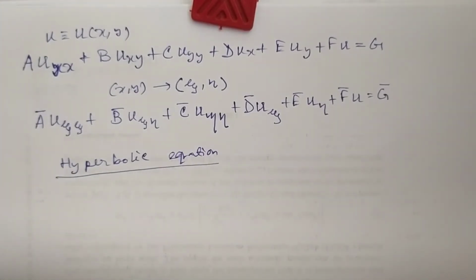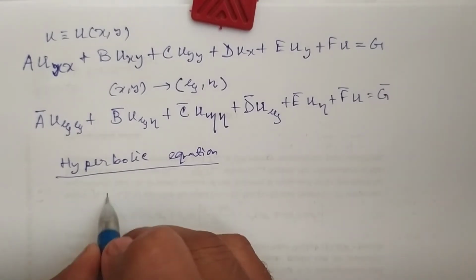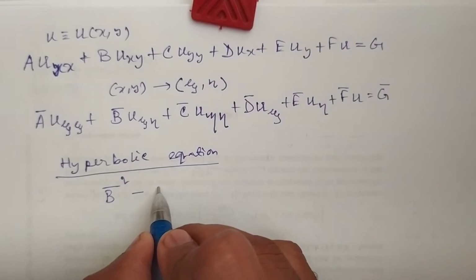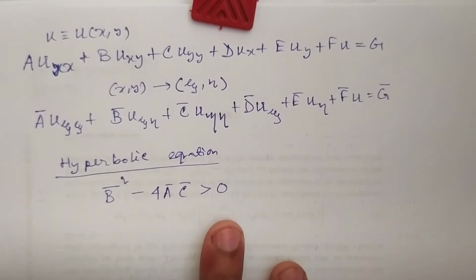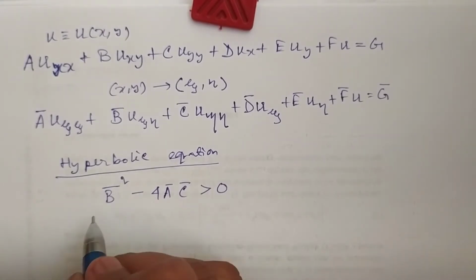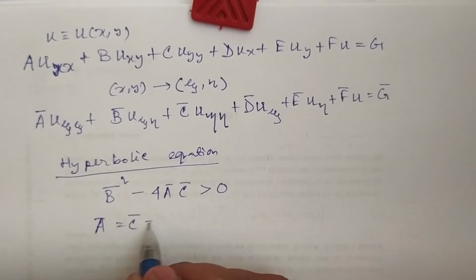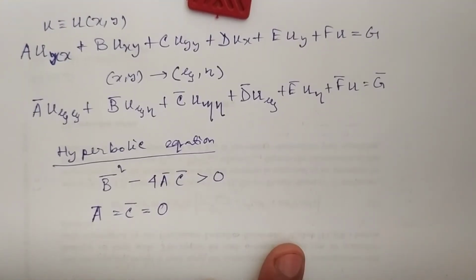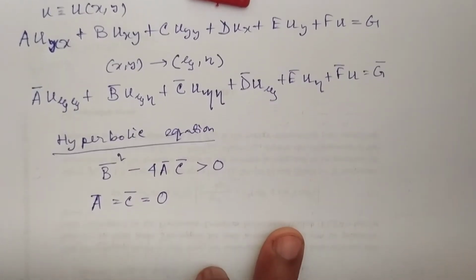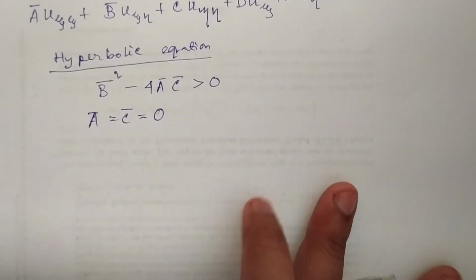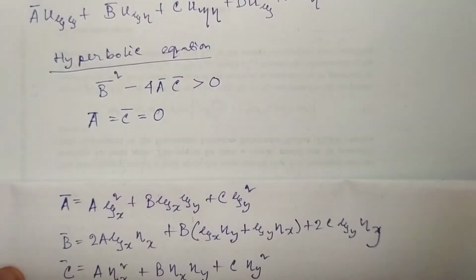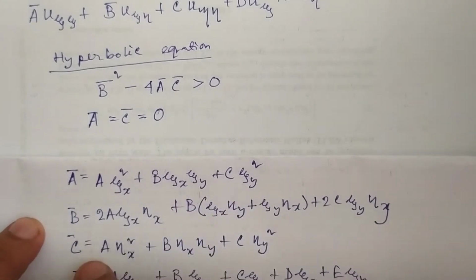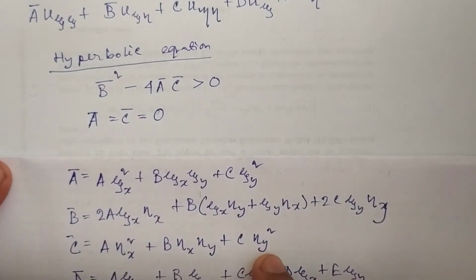For a hyperbolic equation, b squared minus 4ac should be greater than 0, and for that a-bar and c-bar vanish, and these two equations will give us the coordinates eta and xi. How? As we wrote earlier, a-bar is equal to this and c-bar is equal to this, so these two things will be equal to 0.